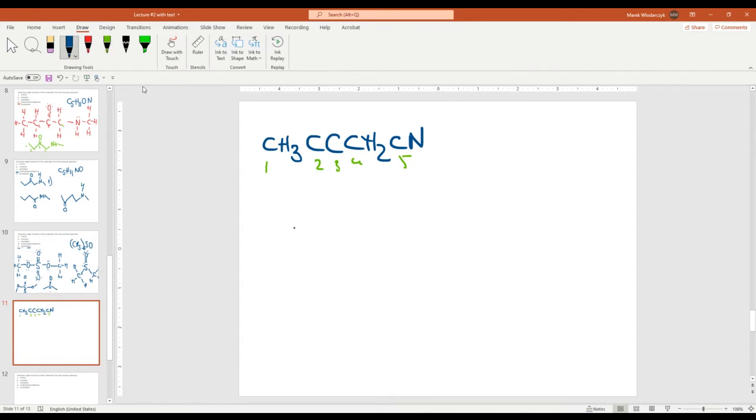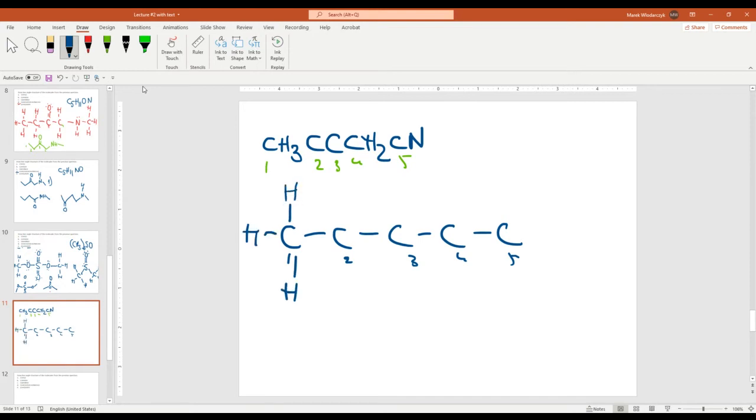In order to do that, you just draw 5 carbons in a chain, because we know that this is 1, 2, 3, 4, and 5. We know that carbon number 1 has 3 hydrogens, so that's easy to draw. We also know that carbon number 4 has 2 hydrogens, and carbon number 5 is connected to the nitrogen. Now it all comes to what happens with the remaining electrons in your molecule.